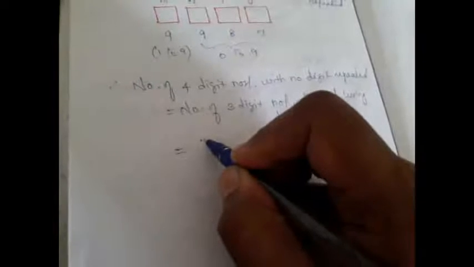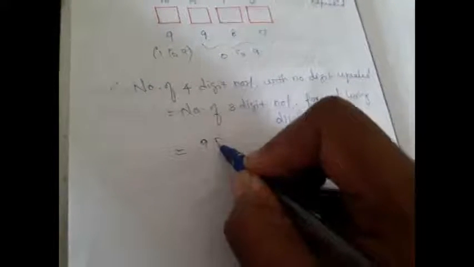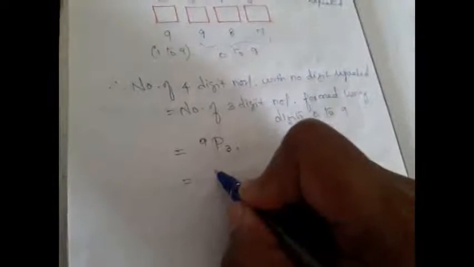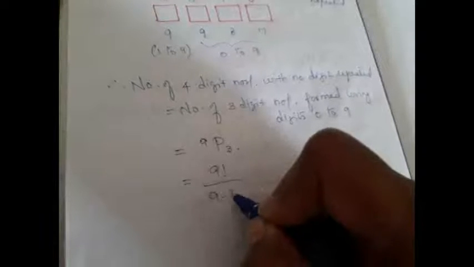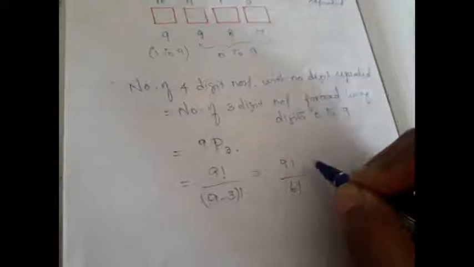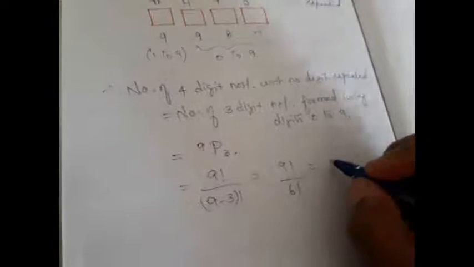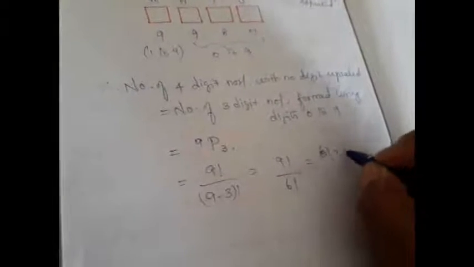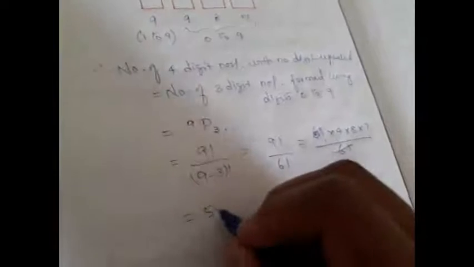Which means out of 9 digits we are using 3 digits at a time, right? So 9P3, which is n factorial divided by n minus r factorial, which is 9 factorial divided by 6 factorial, again same as our previous problem. 6 factorial into 9 into 8 into 7 divided by 6 factorial, these two will get cancelled, which is 504.